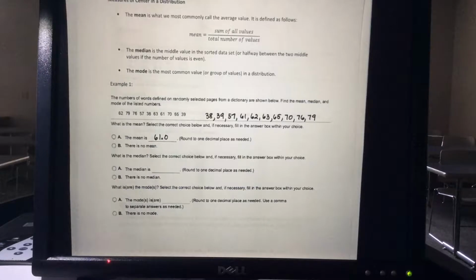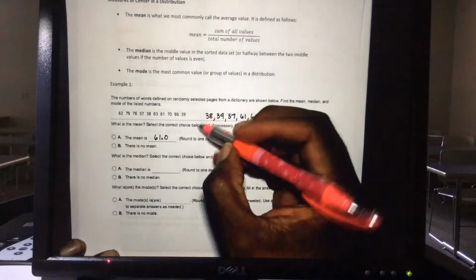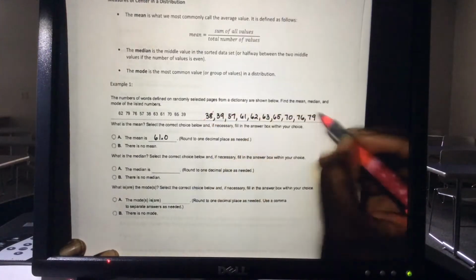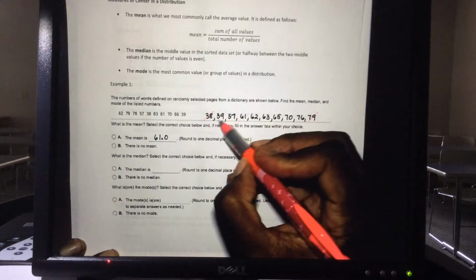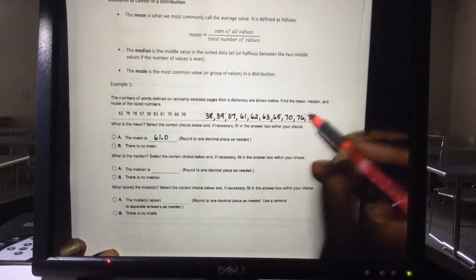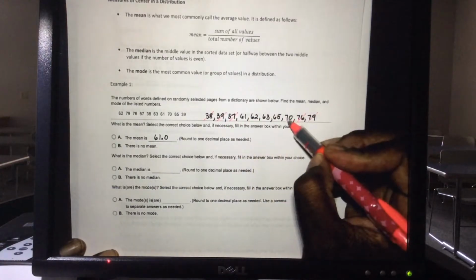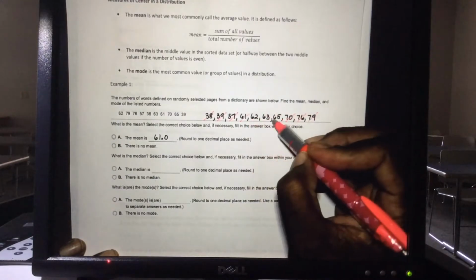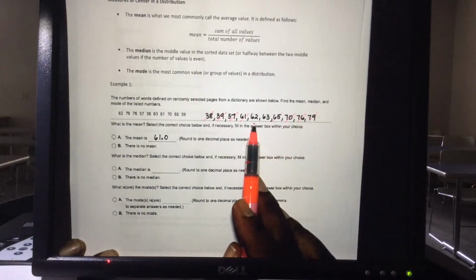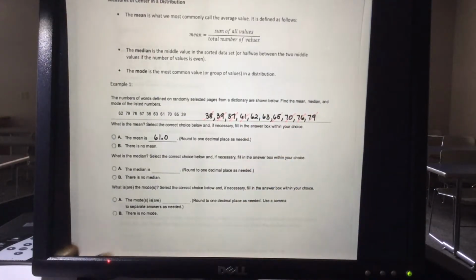And that's going to be the middle number, or halfway between the two middle values here. So to find out what the middle value is, I'm going to cross out the first and the last, and I'm going to keep crossing out the numbers on the end until I get to the two middle numbers. In this case, it's going to be 62 and 63.